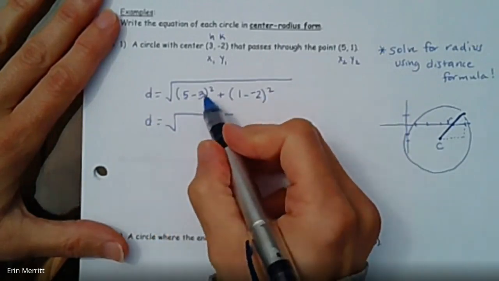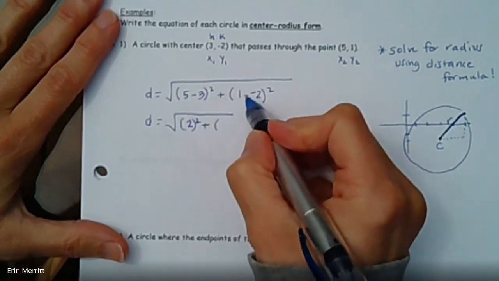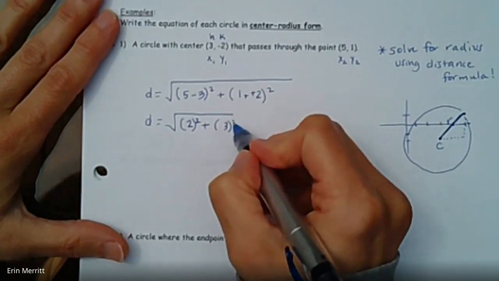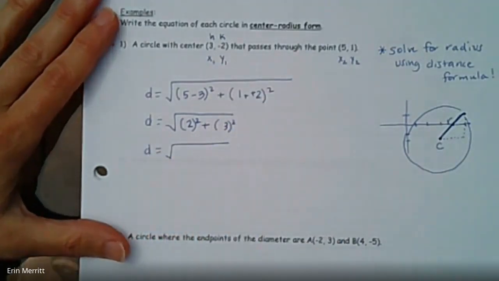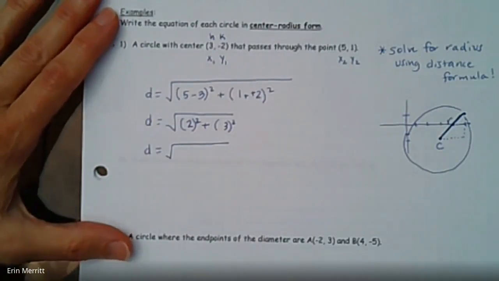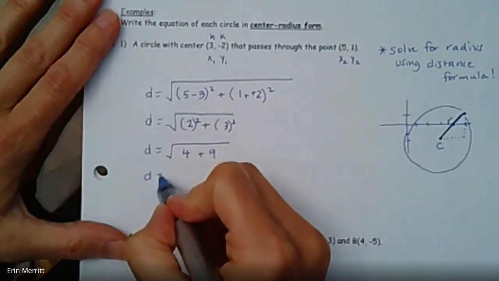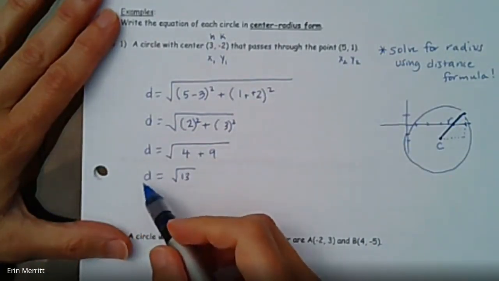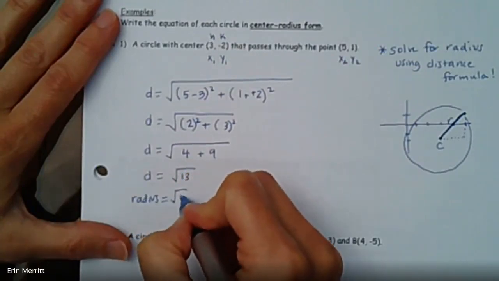All right. 5 minus 3 would be 2 squared. That minus a negative flips to plus a positive, so we get 3 squared. And now I can't take the square root yet, not until I get a single value. So keep going. This will give us 4 plus 9. So that gives us radical 13. Even though I called it d for distance, that is actually the length of the radius right there.